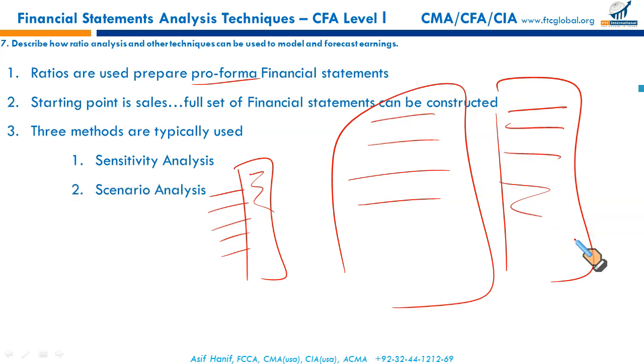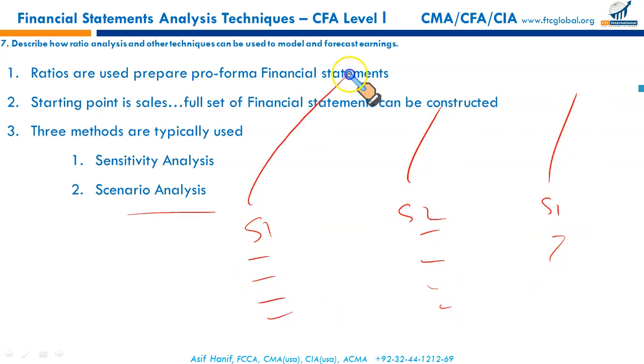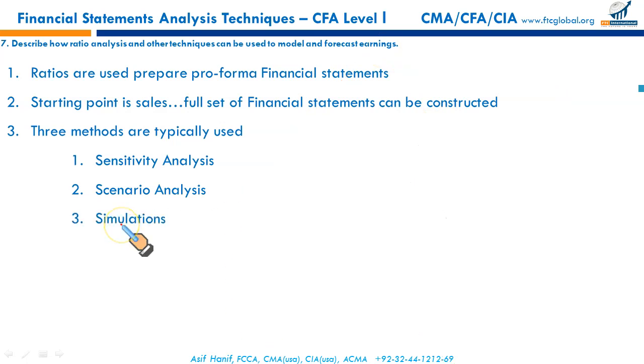Next is scenario analysis. It takes a wider look. It's based upon different scenarios. Scenario 1, scenario 2, scenario 3, taking all these variables within these scenarios and then constructing a set of financial statements under these different conditions. Third one we use is simulation. Here we extensively use computers to draw up the maximum swing in a certain variable.